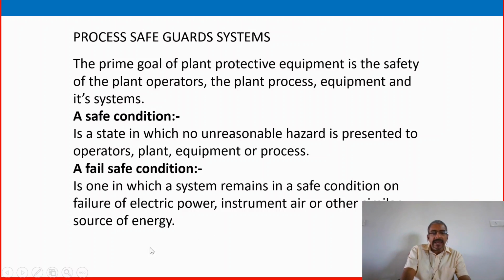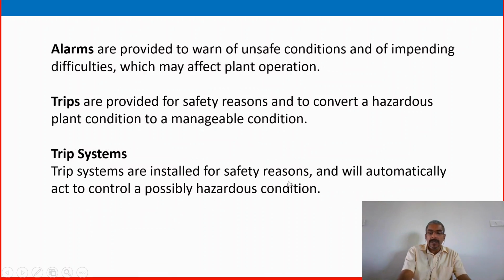So any main source of energy, like electrical power or instrument air, or any process variable upset or deviation from the set point, we have already discussed in previous videos. A fail-safe condition can come to make hazardous conditions or abnormality in the process system. So our aim is to maintain the process within the safe condition.